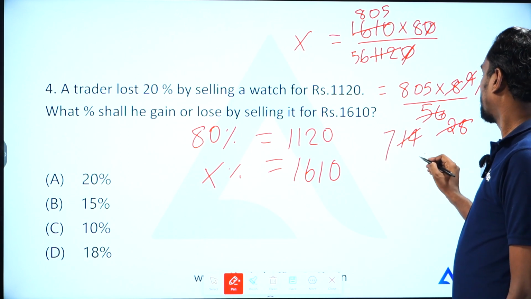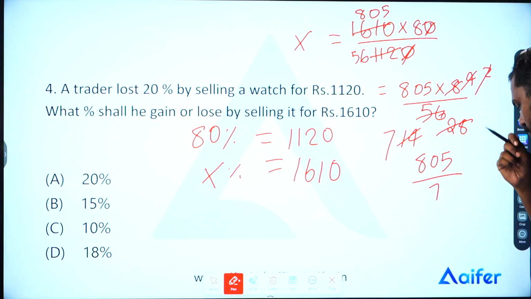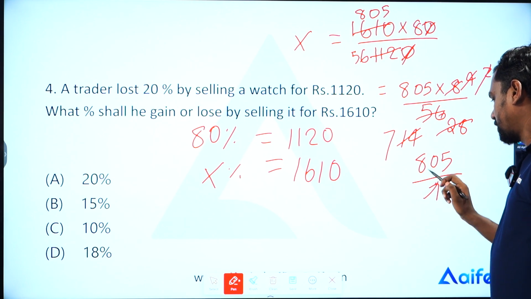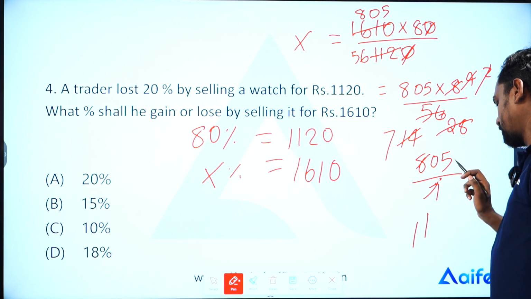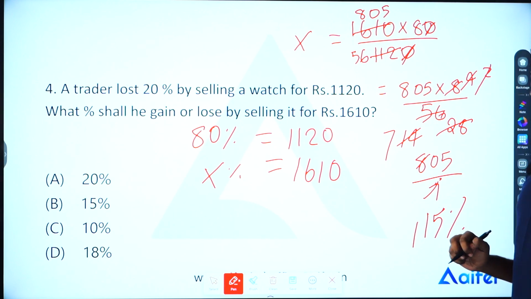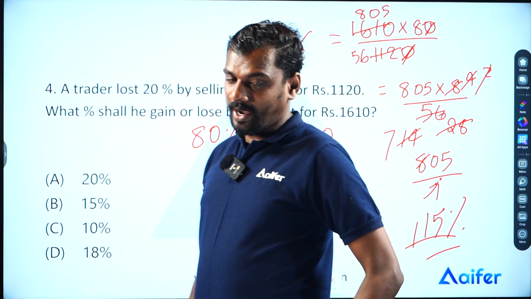Then we have 805 by 7. We'll try to again simplify it. 7 1 times in 8, then remaining 1 10, 1 time 35. So we'll be having 115 percentage as the final percentage.